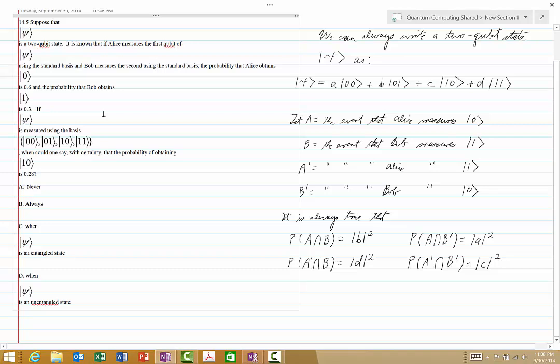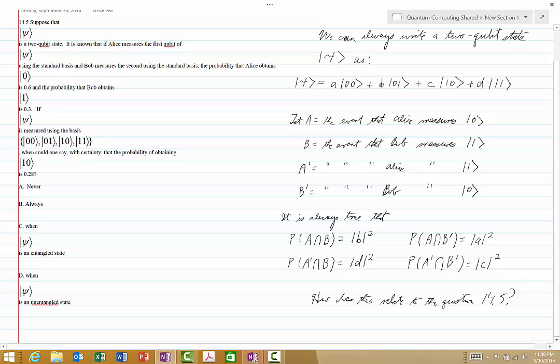But let's continue with this. Let's ask ourselves how this information relates to what's given in this problem, question 14.5.